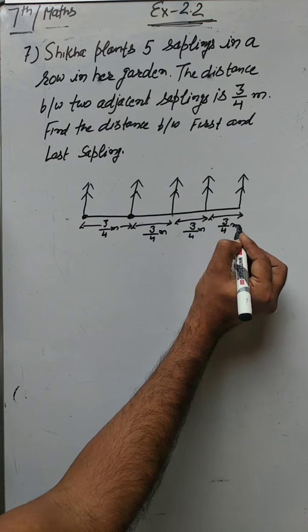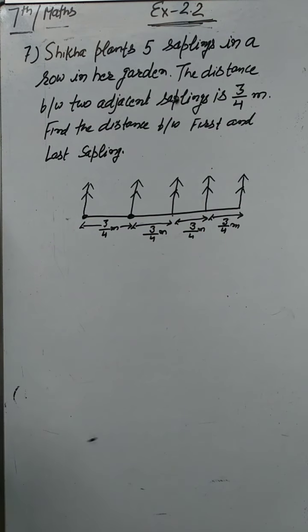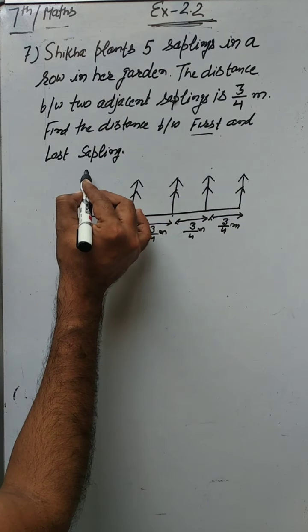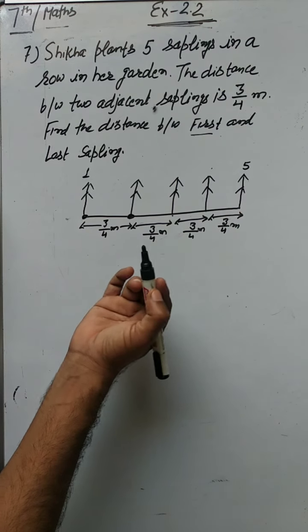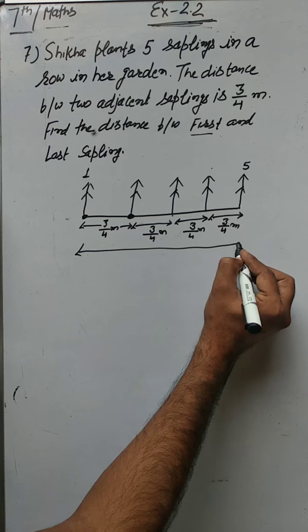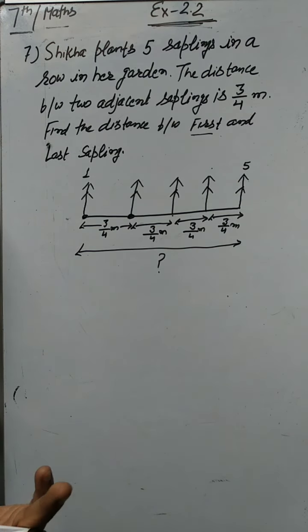Understood beta? Means distance between every adjacent plant is 3/4. Now find the distance between first, this is your first, and last, means your fifth plant. You have to find the distance between first and fifth plant according to the statement.